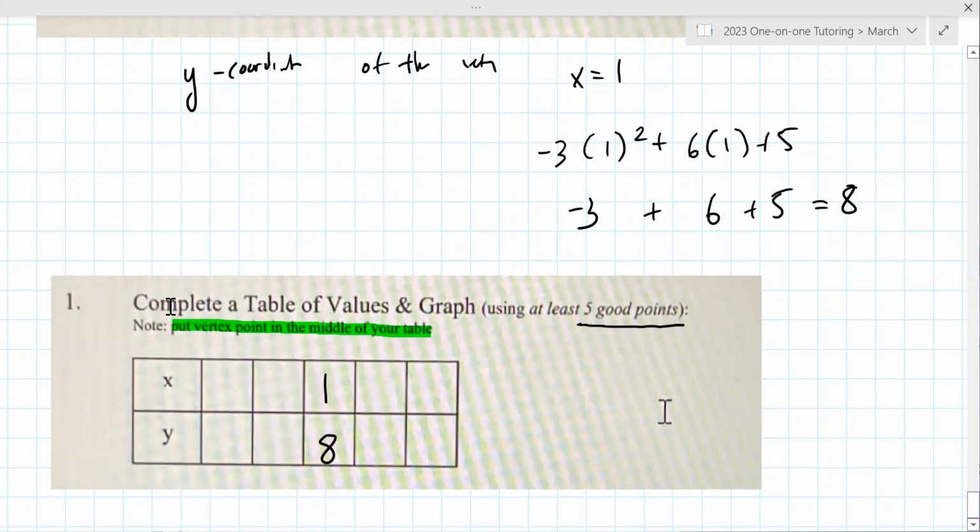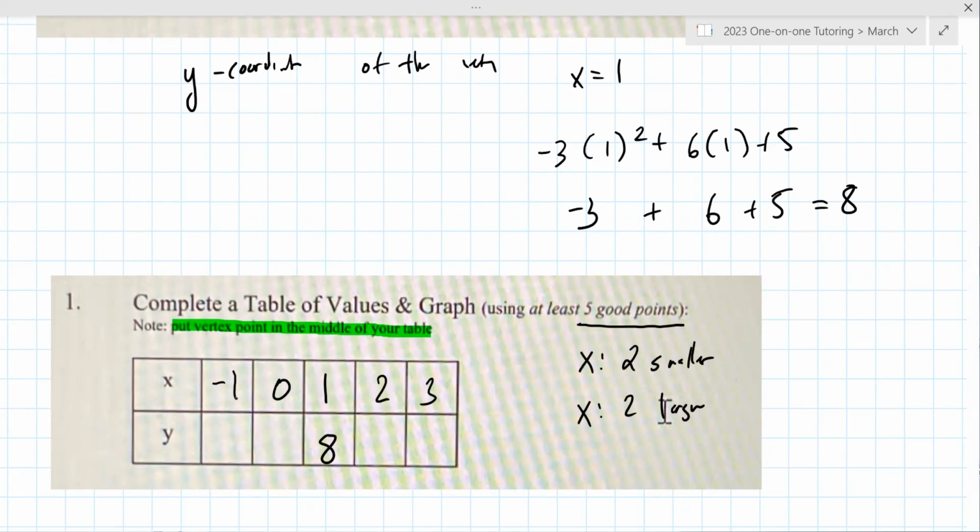Now this is 5 good points. If you have nice numbers, you always pick 2 smaller, and this is in terms of x, and then 2 larger. So like 2 and 3, 0 and -1. You remember us doing that the other day? Yeah. Okay. We also talked about symmetry.